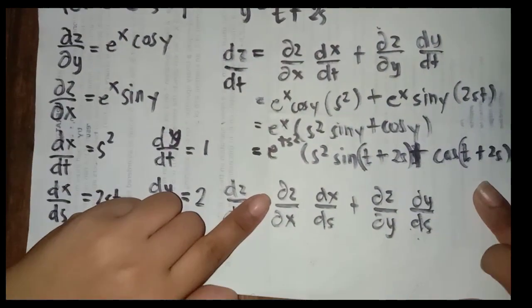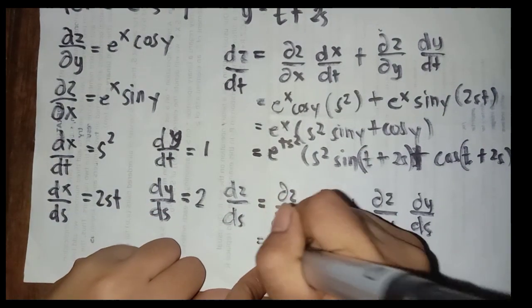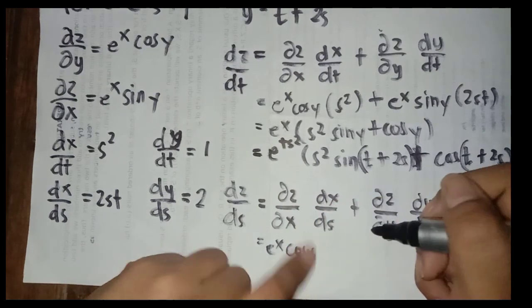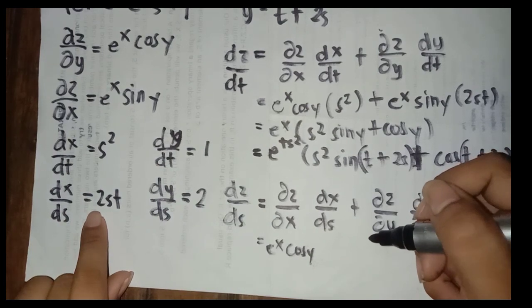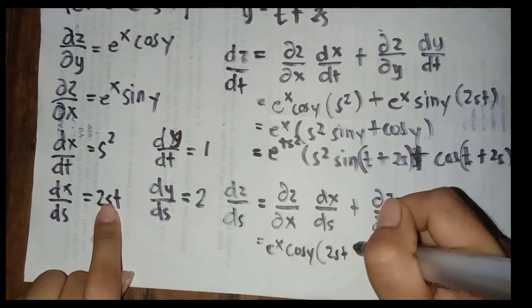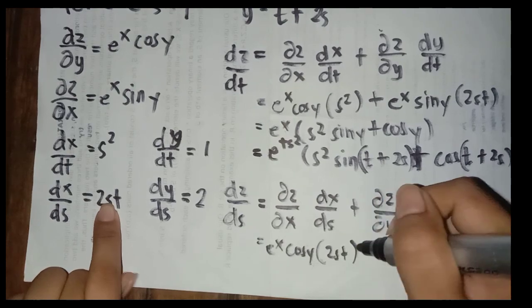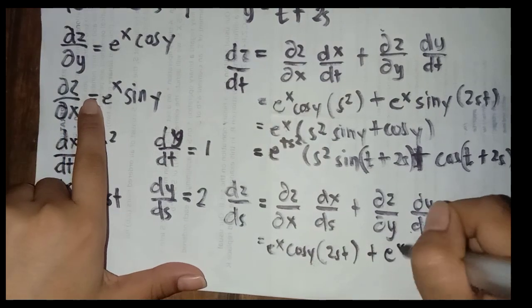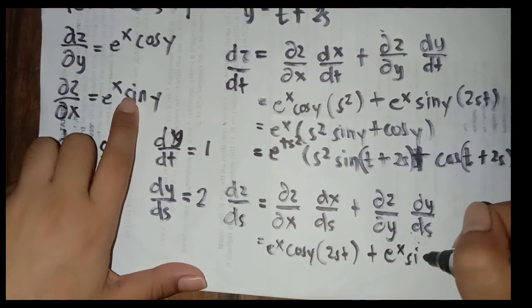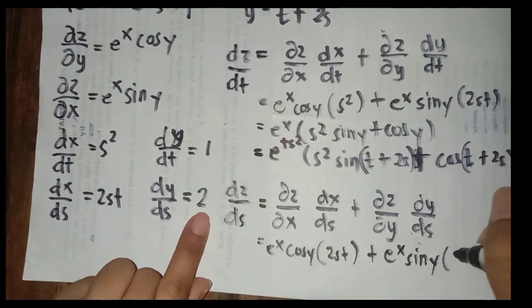So next part, the dz with respect to s. So we will get e raised to x cos y, then our dx with respect to s is 2st, then plus e raised to x sine y, then our dy over ds is equal to 2.